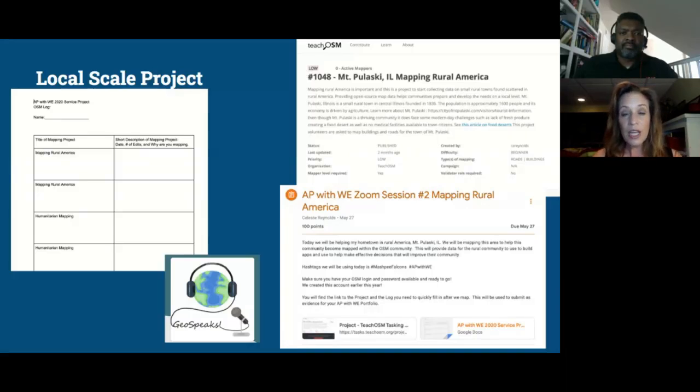They interviewed several people from Mount Pulaski that were trying to revive a community garden so that they could sell these fresh vegetables to the community. Otherwise, everyone in the community has to drive at least 15 miles to get to the closest grocery store to get fresh fruits and vegetables.